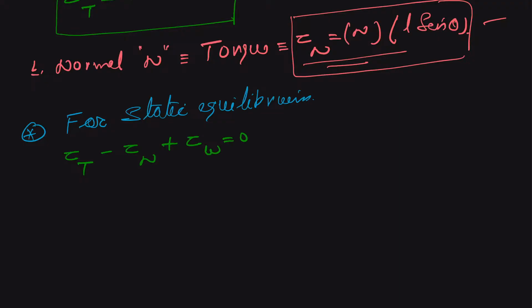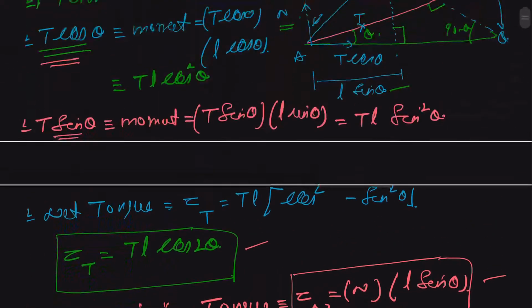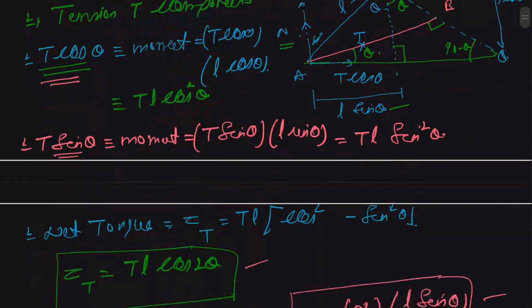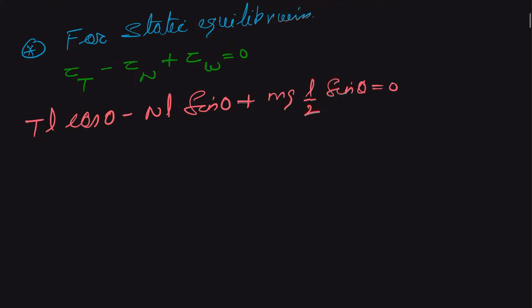So we simply substitute these values. So tau of T is TL cos of theta, tau of n is NL sine of theta, plus tau of weight is mgL by 2 sine of theta, equal to 0.